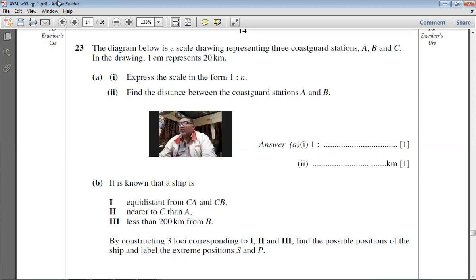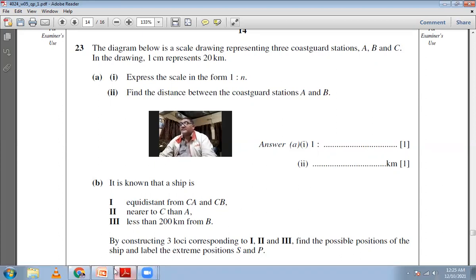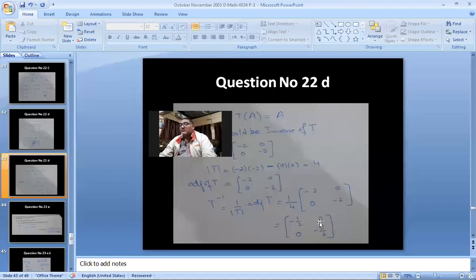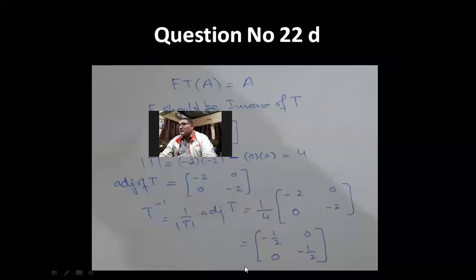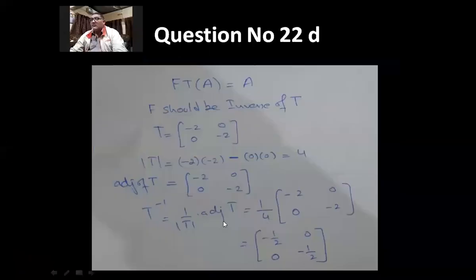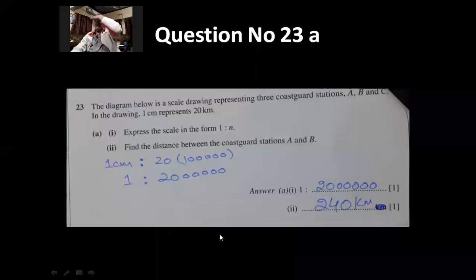Let me show you how I did this. So 1 centimeter, this is map, this is actual, ratio. 20 multiplied by 100,000 will be 2,000,000. So this is the answer.